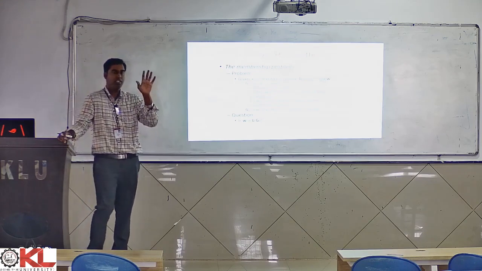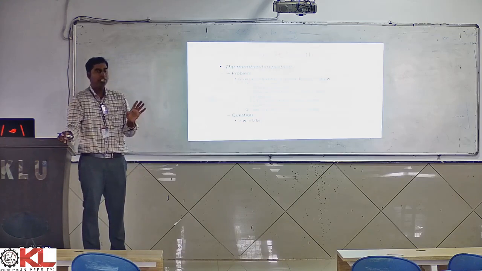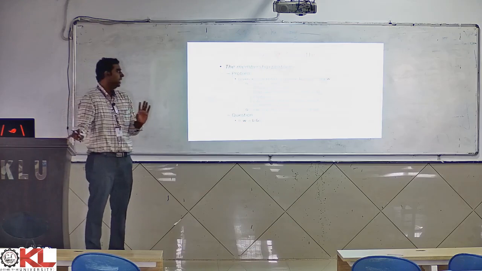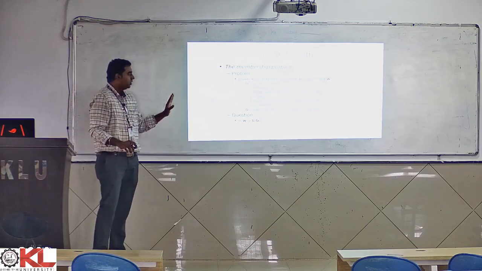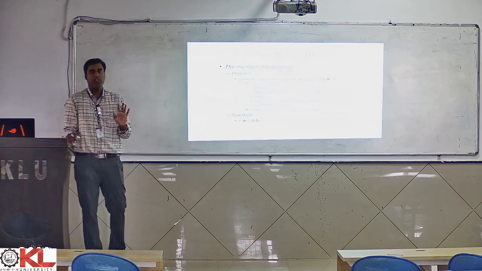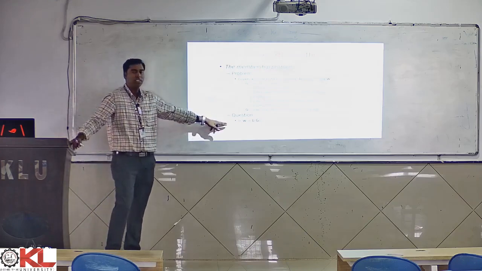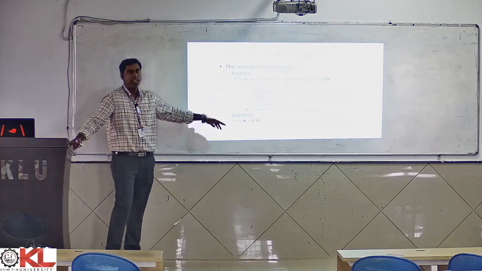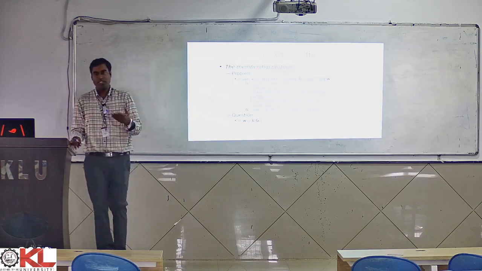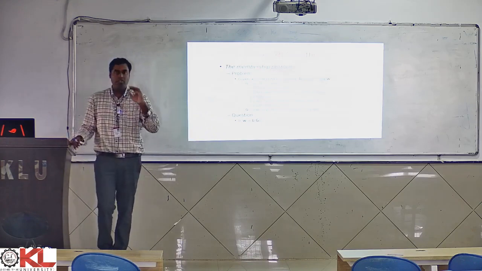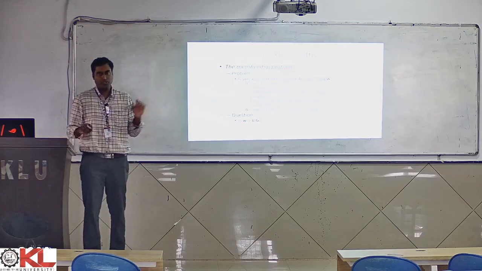If it is in that way, we will say it is in Chomsky normal form. Once it is in Chomsky normal form, the next step is to construct the triangular table based on the length of the given input string, and after that we will derive further and find out whether that particular sentence belongs to the grammar or not.